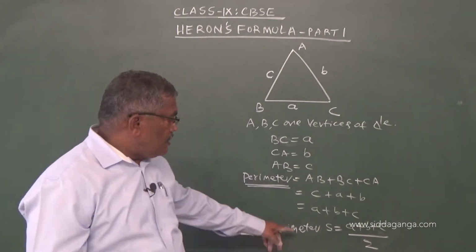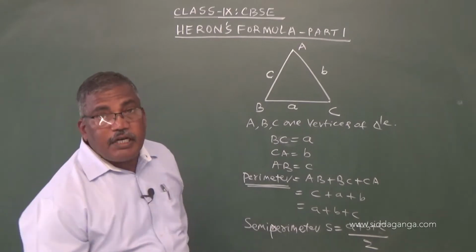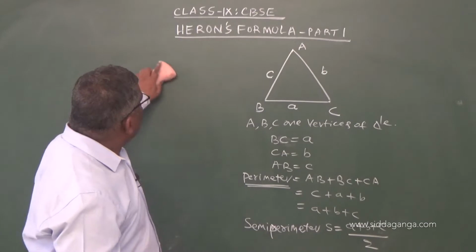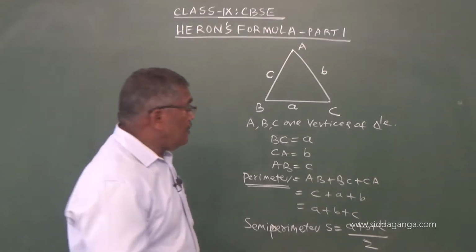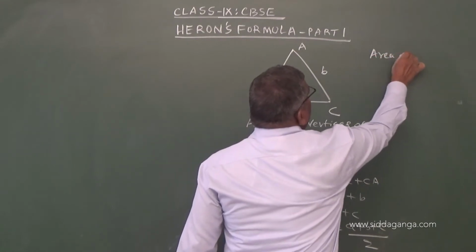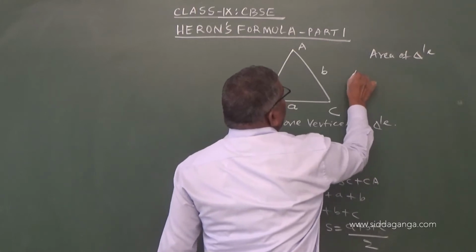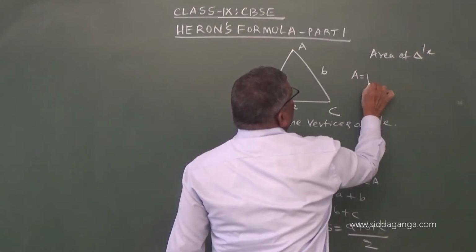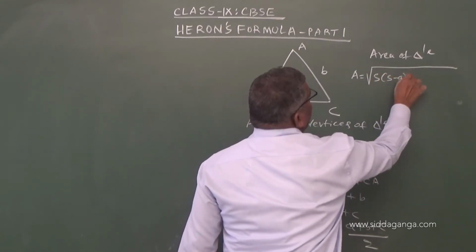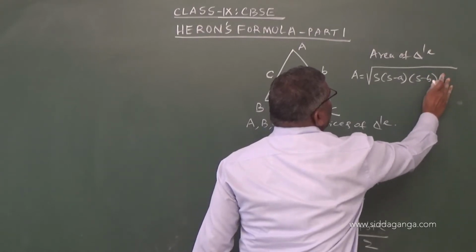Using this semi-perimeter, Heron gave a formula, which I am going to write now. The area of the triangle is given by A equals square root of s into s minus a into s minus b into s minus c.